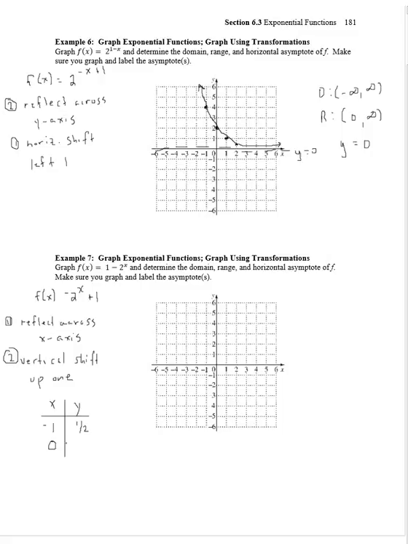At 0, we have -1 plus 1 is 0. And at +1, we have 2 to the first, which is 2, but negative, and then plus 1. So -2 plus 1 is -1. So we have 0, 1/2, and then -1.